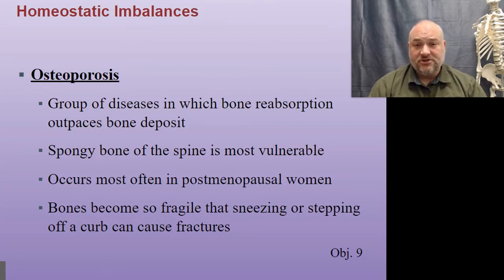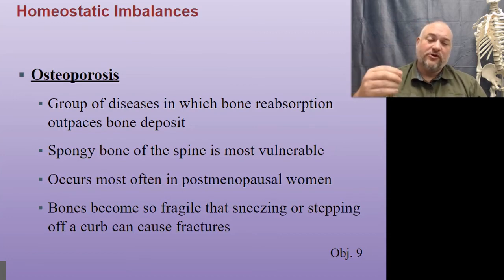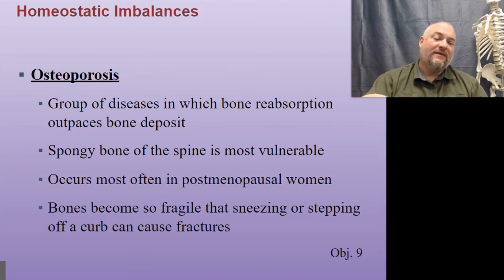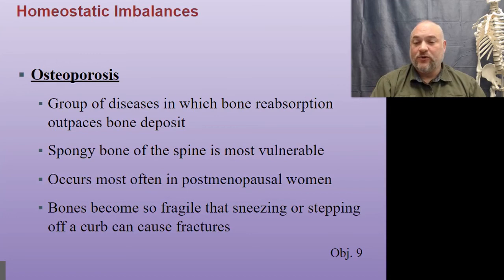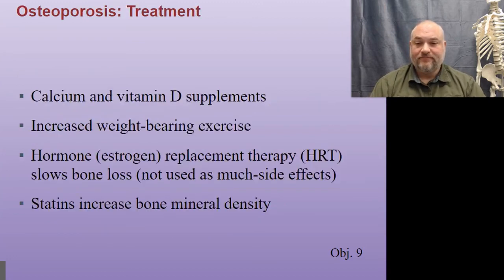And when those hormone levels change, they're messing with that primary function of hormonal control of bone deposition, it gets screwed up, and so they're not laying down as much bone as they were when they were younger. And the bones become so fragile in some of the most severe cases that even sneezing or stepping off a curb can cause fractures. How do we treat osteoporosis?